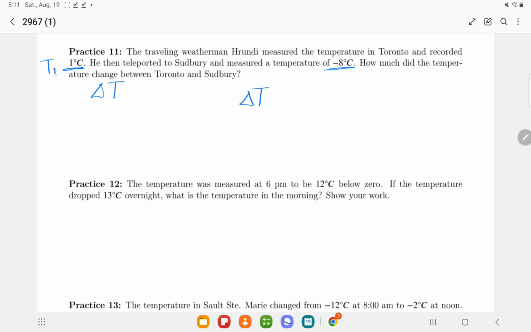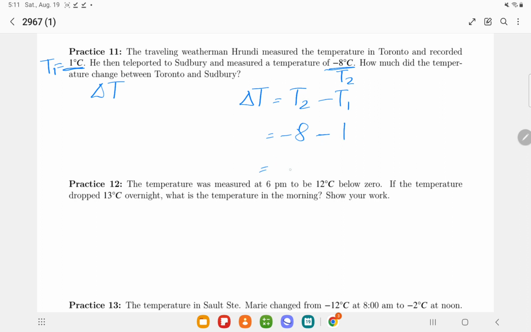So this is our T1. We start with 1 and we end up with -8 degrees Celsius. And it's final minus initial. So we end up with -8 degrees Celsius minus 1 degree Celsius.